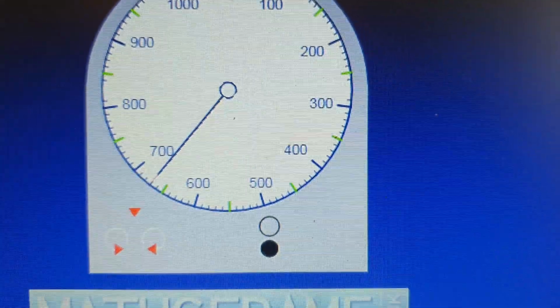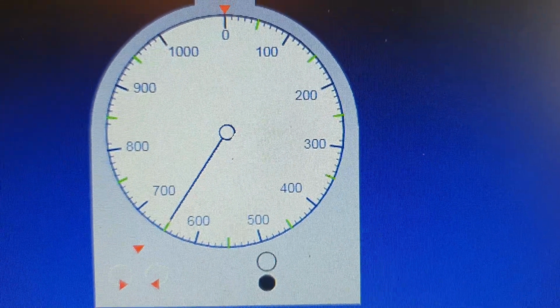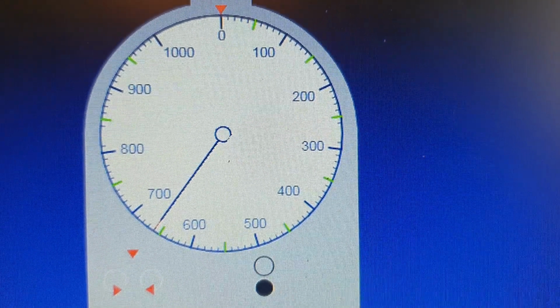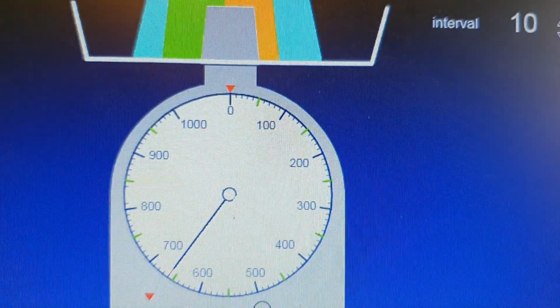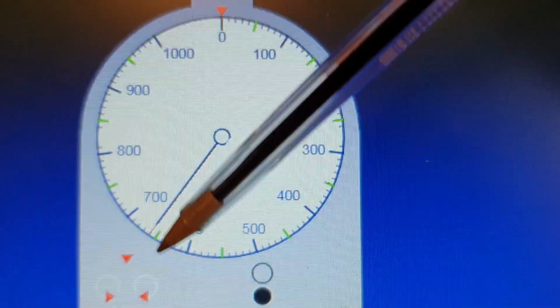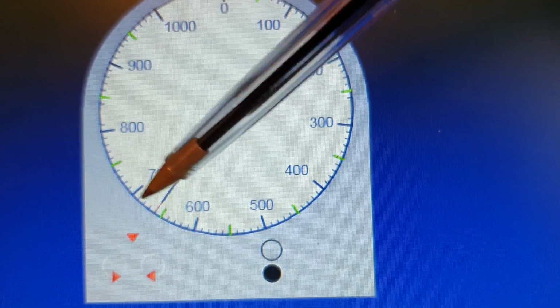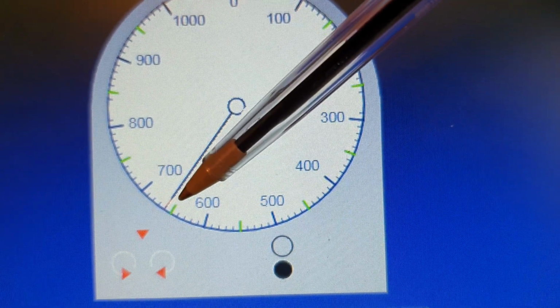Okay, so what would that be? What would be the weight of those items? So you can see there, 600. Halfway between 600 and 700 is 650.